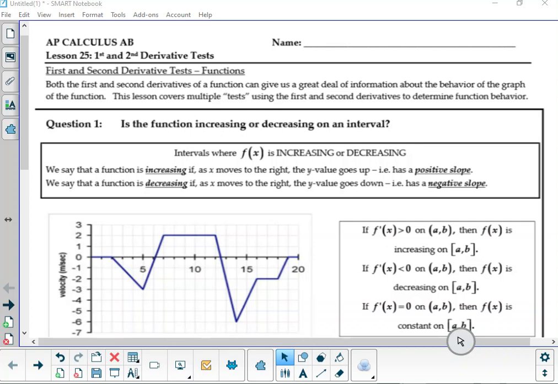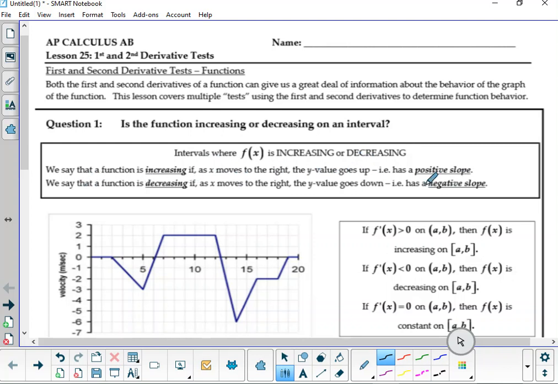And so the first thing we can use a first derivative for is to tell if a function is increasing or decreasing at an individual value or across an interval. Okay. Function is increasing, and this is more of the pre-calc description. An increasing function has a positive slope. As x moves to the right, the y value gets higher, increases.